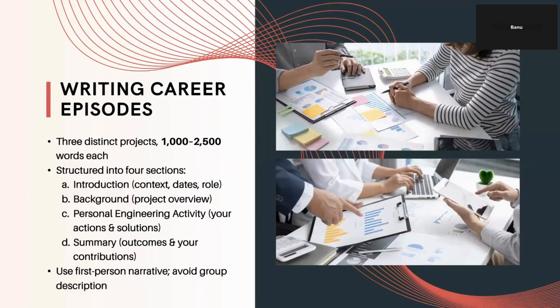Each career episode is like a detailed project report where you describe a specific engineering task or experience. The most important thing is, it must be written in first person, which means you need to use I did, I designed, I calculated, because Engineers Australia wants to see your personal involvement, even if it was a group project, or even if many people were involved while you were working.